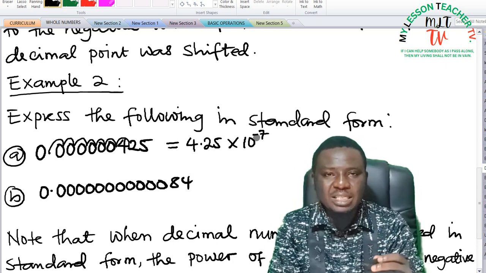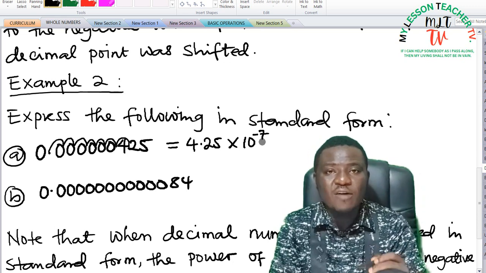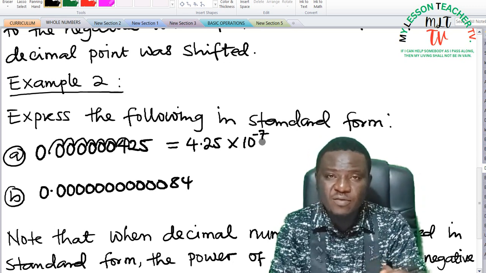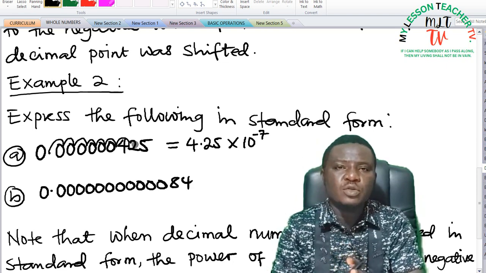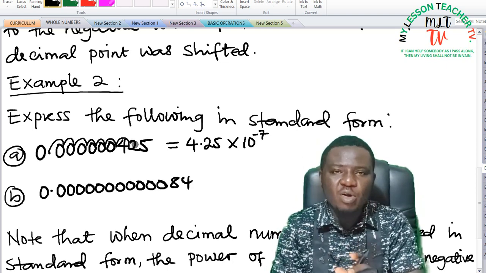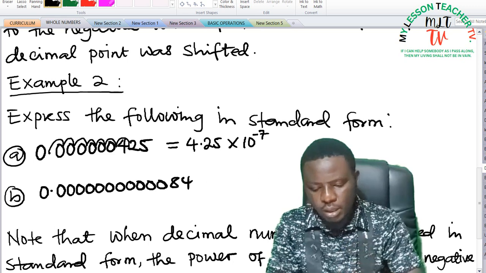Minus in the sense that it is a fraction, 7 in the sense that you have moved the decimal point 7 times. Now, what happens if you should move it 8 times? That gives you 42.5, and that violates the rules for standard form, for which a cannot be greater than 10.